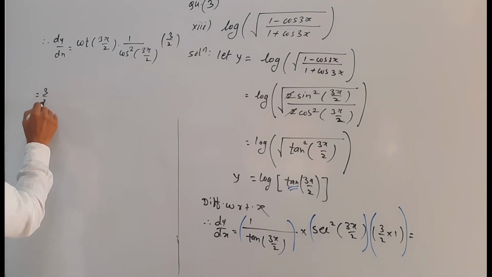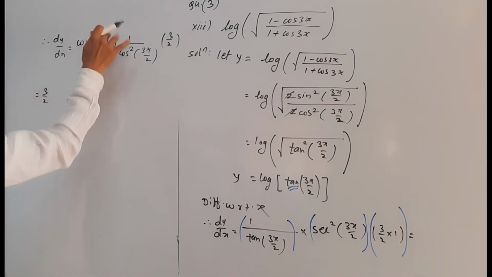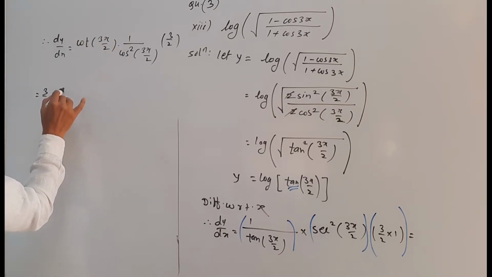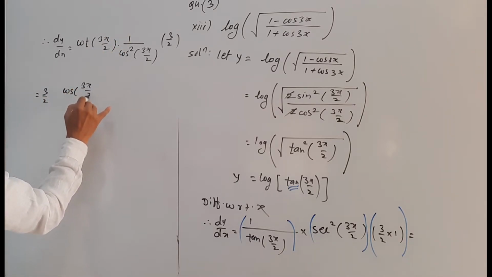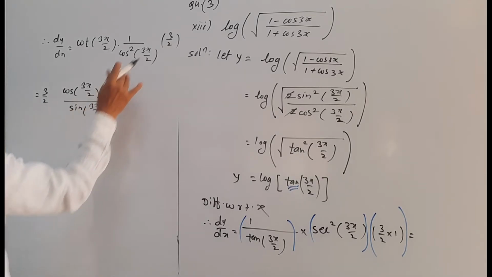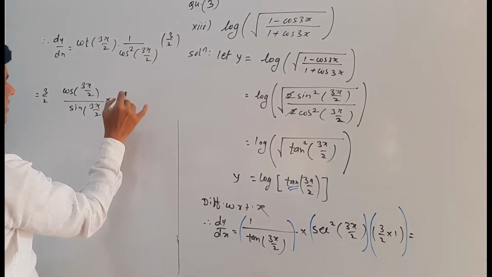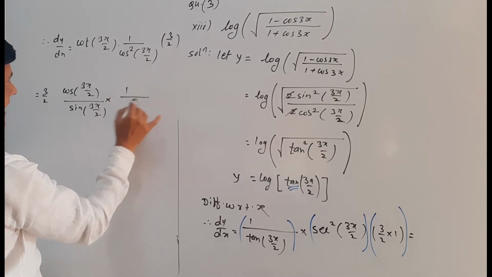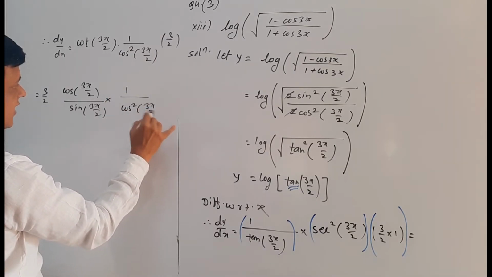So we write 3 by 2 at first position. This cot 3x by 2 we write cos 3x by 2 upon sin 3x by 2, and this 1 upon cos square 3x by 2 as it is.